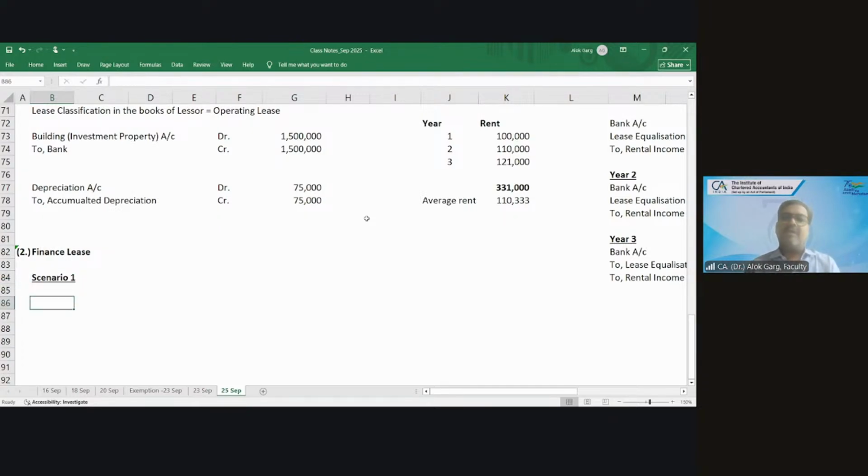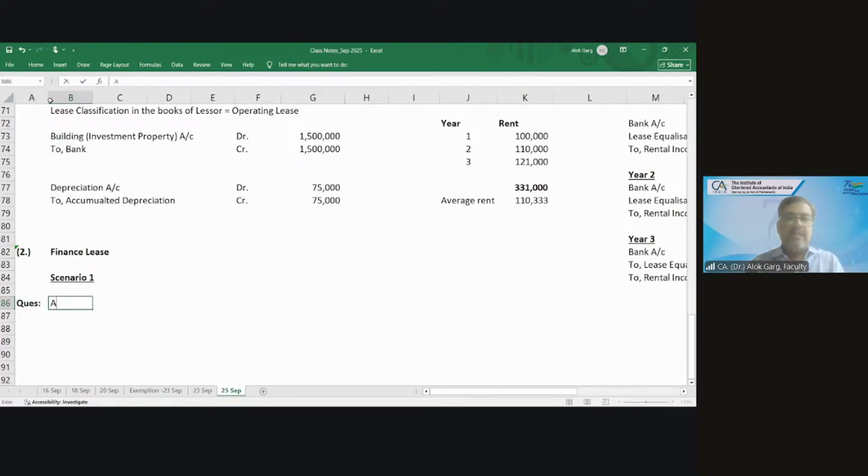What it says is that, for example, A Limited has purchased a car for rupees 8 lakh on 1st April 2015.